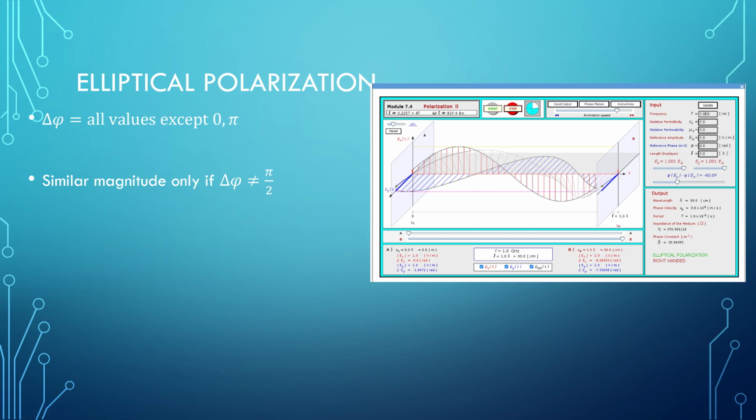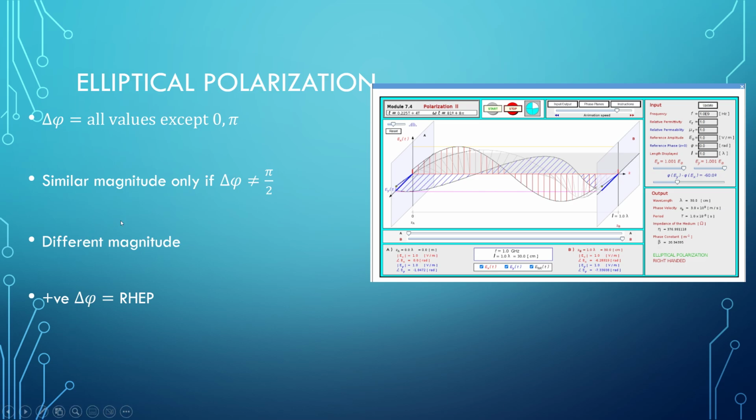So as long as the phase difference is not pi over 2, we could have any magnitude, even similar magnitude. And when we have a phase difference of pi over 2, we must have magnitudes which are different from each other.